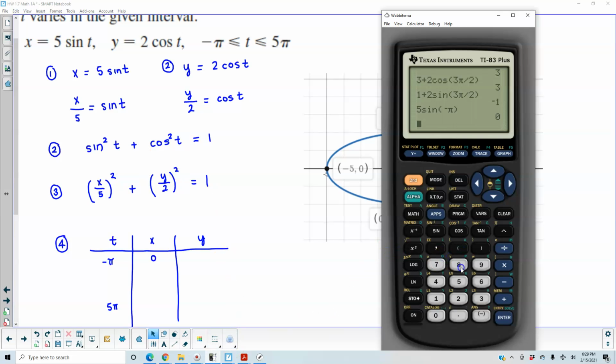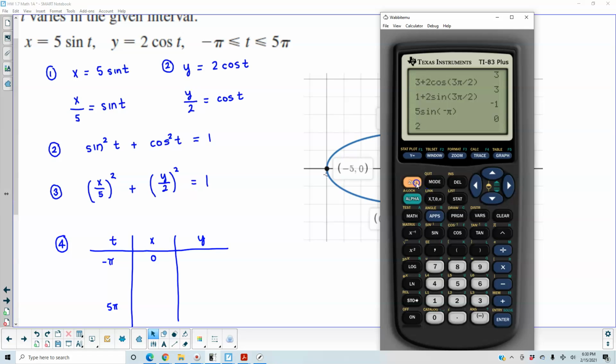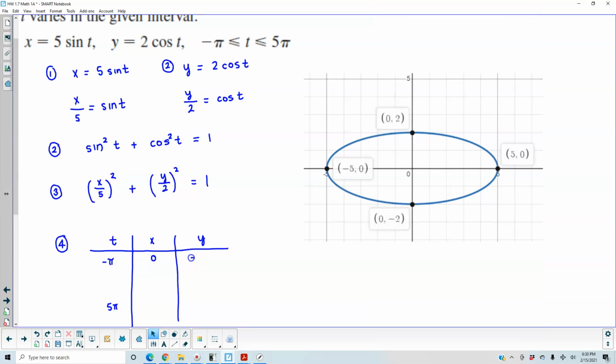And then if we put 2 times the cosine of negative pi, we get negative 2.